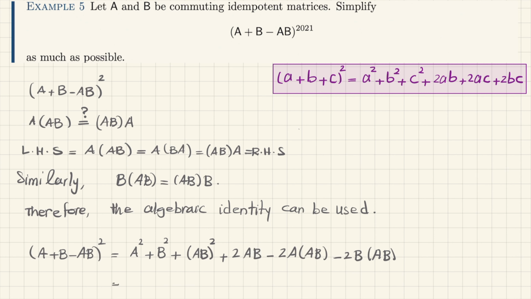So then it becomes A squared plus B squared plus A squared B squared, and then I have 2AB. I can use associativity. I can write A times (A B), and minus 2B, and I change A and B. Okay, so let me just write everything and then I can substitute, yes?